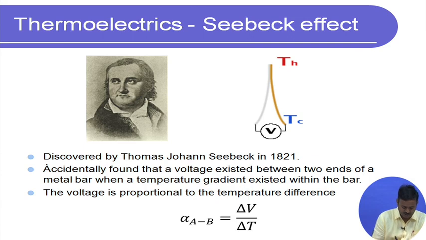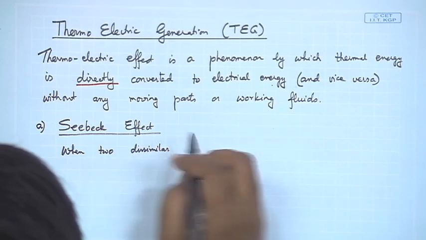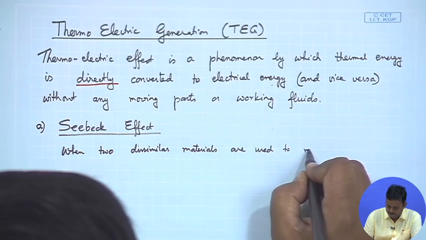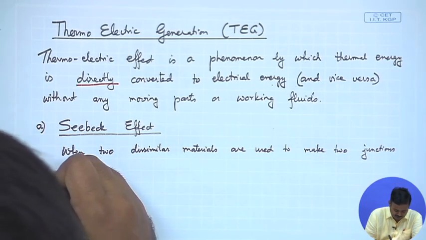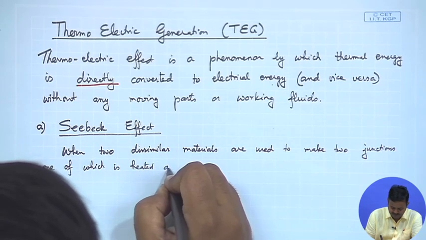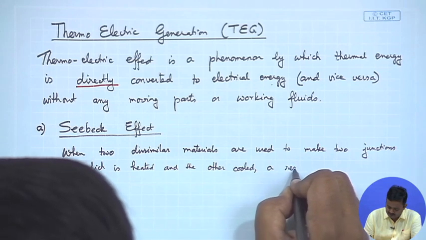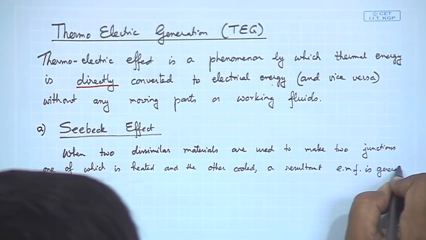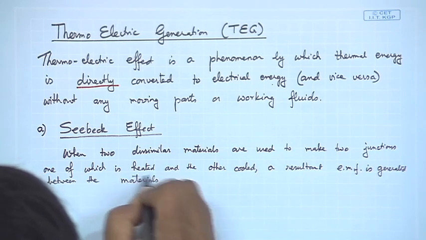So, again I repeat, let me write it down also. When two dissimilar materials are used to make two junctions, one of which is heated and the other cooled, a resultant electromotive force or EMF is generated between the materials, okay.